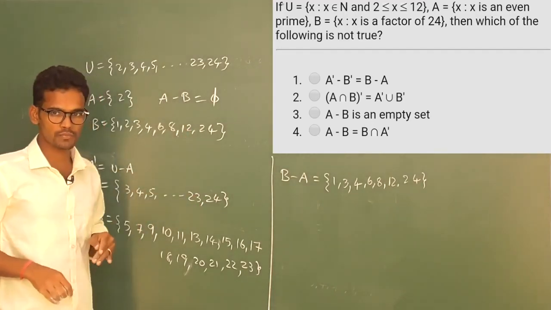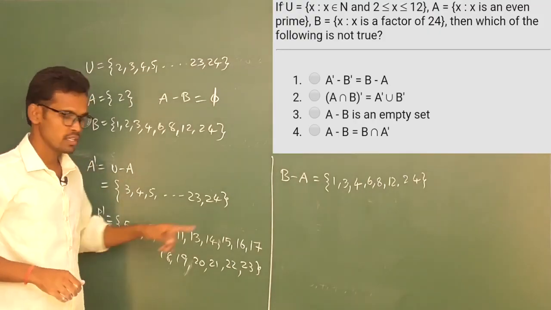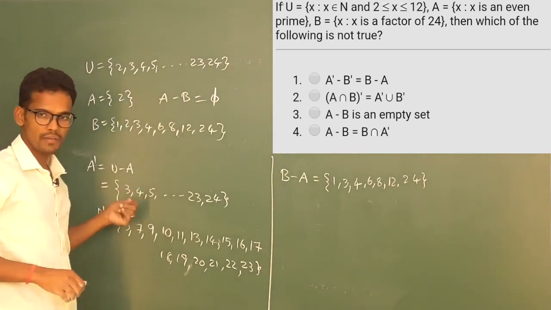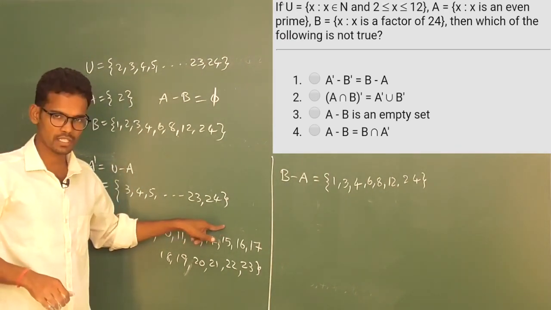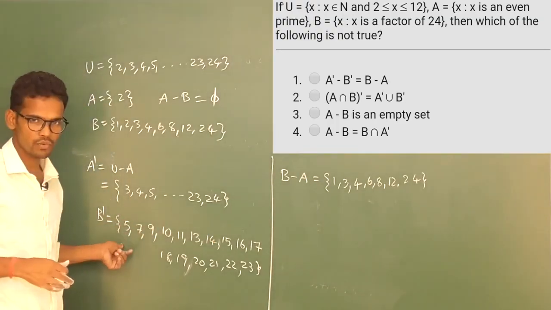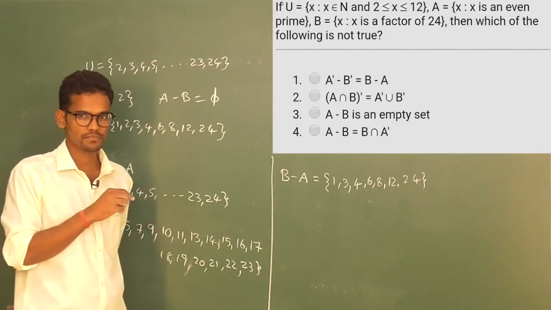If you see the fourth option, A minus B is equal to B intersection A dash. You put the A value, B value I have given, then take the B and A dash values and intersect them and just check whether you are getting the fourth as correct or wrong. But in this case, if I want to give a shortcut, what is that?